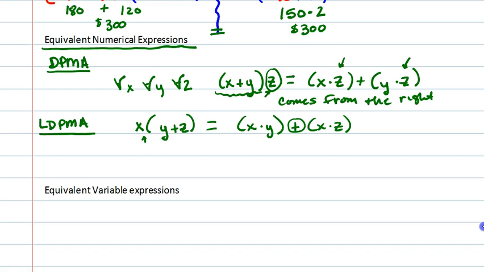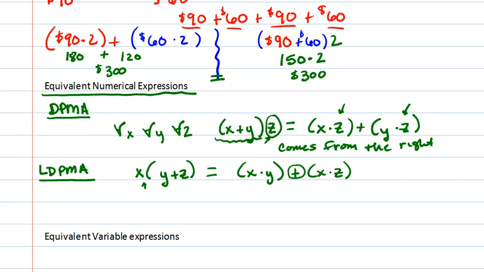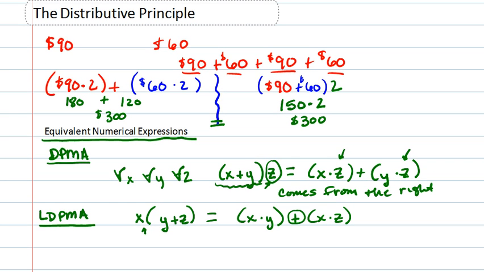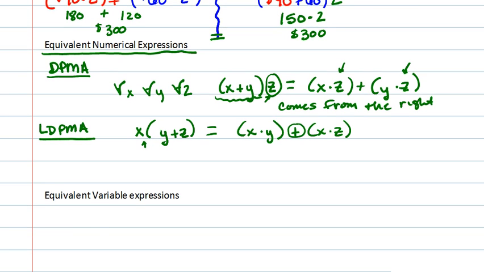Now let's think about this in the form of equivalent variable expressions. We know what an equivalent numerical expression was when we did the problem with Drew and Colin going on their trip. Numerical means numbers, so this was all numbers. Now let's look at it as variables. Let's say I have the expression 9 times 10 minus k.